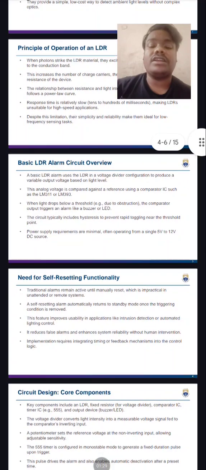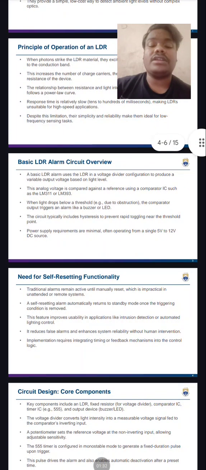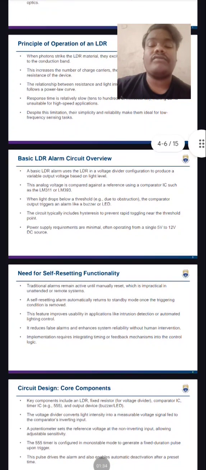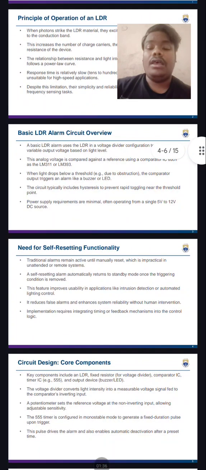Despite the limitations, their simplicity and reliability make them ideal for low-frequency sensing tasks. A basic LDR alarm uses the LDR in a voltage divider configuration to produce a variable output voltage based on light level, and the analog voltage is compared against a reference using a comparator IC such as LM311 or LM393.